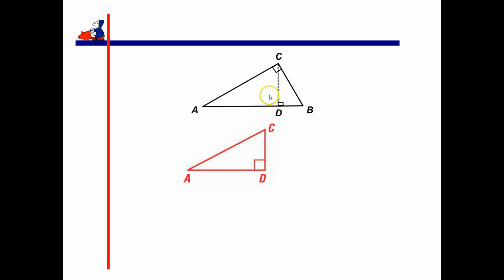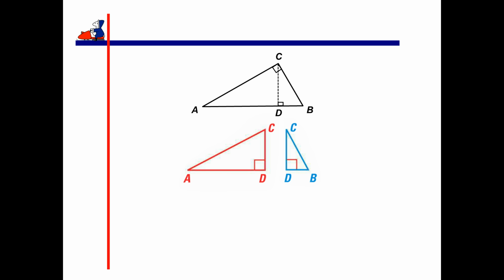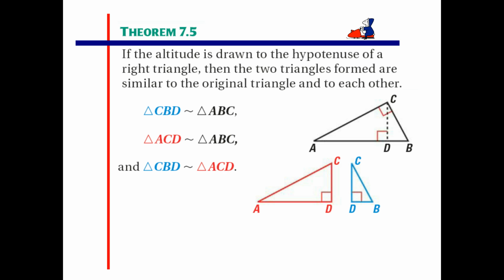Which means that once I split that right triangle into two smaller right triangles, not only are both the triangles that I split it into similar to the original, but they're also similar to each other. In other words, the similarity is transitive. And it looks a little something like this. So if you take an original triangle and draw an altitude, you will split it into three similar right triangles.